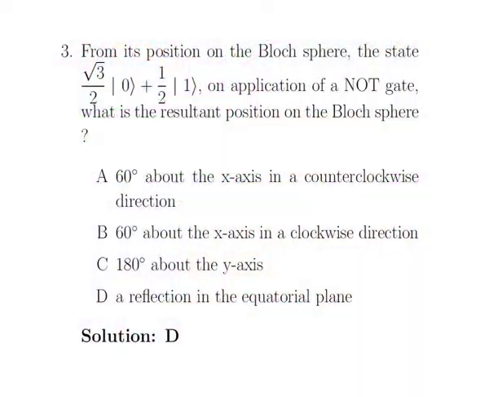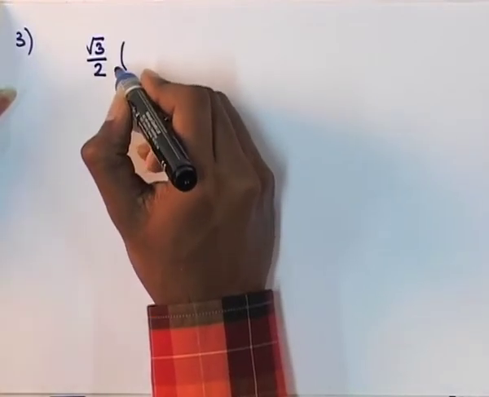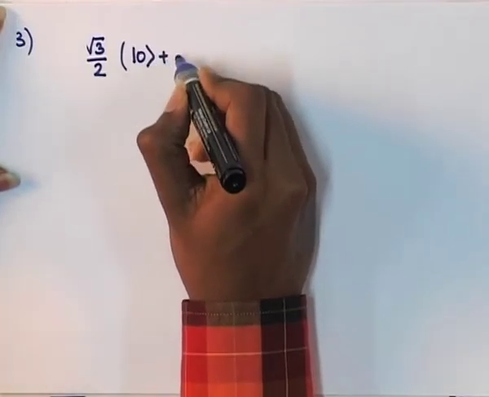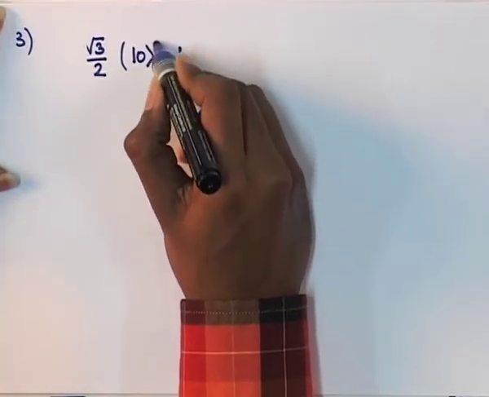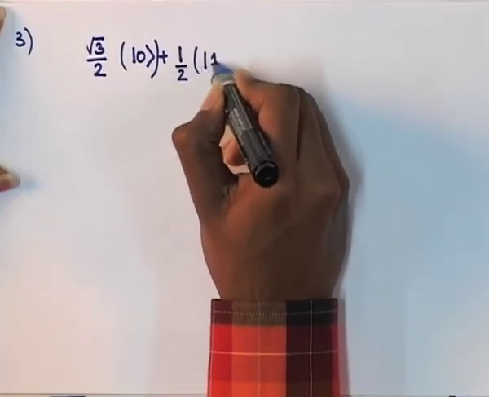So now we look at question 3, where we are provided with a quantum state and we are asked to find the resultant position on application of a NOT gate on this quantum state. The given quantum state is root 3 by 2 times qubit 0 plus half times qubit 1.